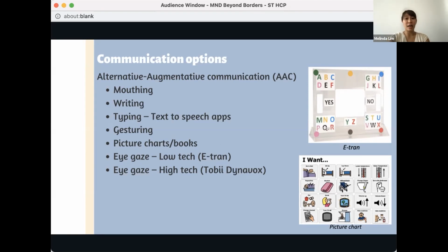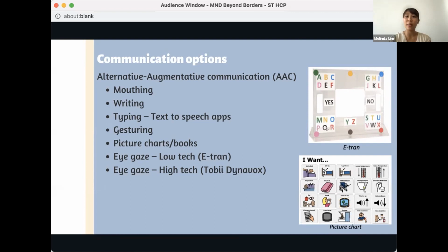And some of the options listed below would be seen as forms of AAC. If you have your cuff inflated and you can't verbalize, then mouthing would be an option to get your message across. Writing would also be an option. Typing, too.